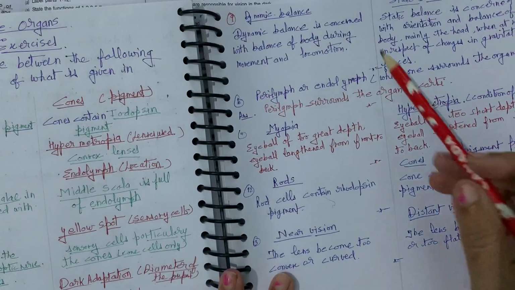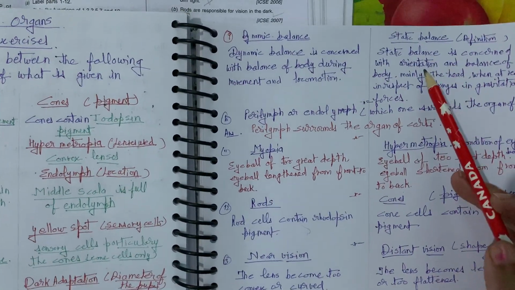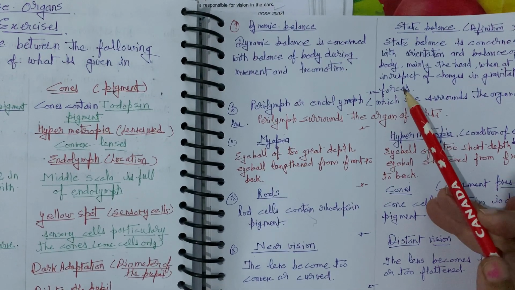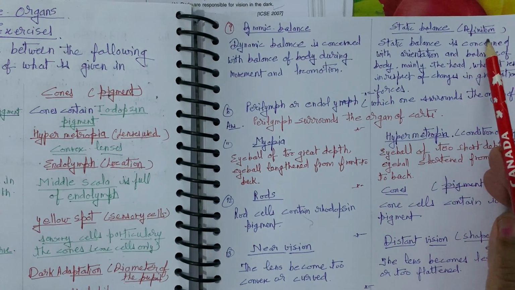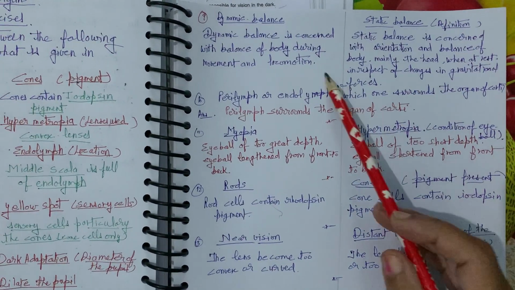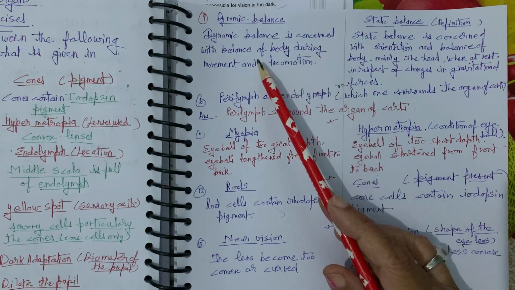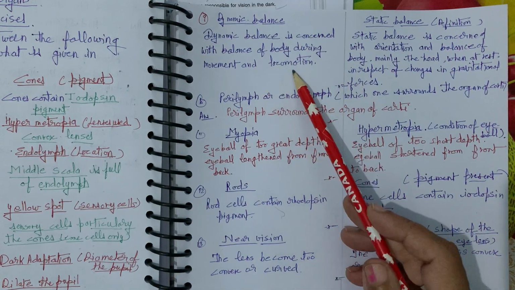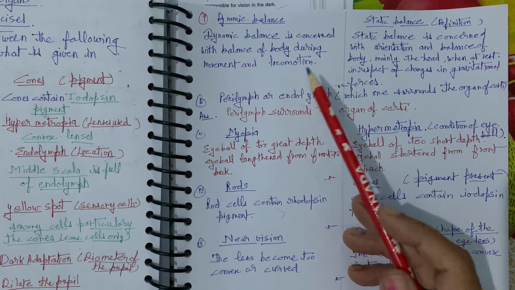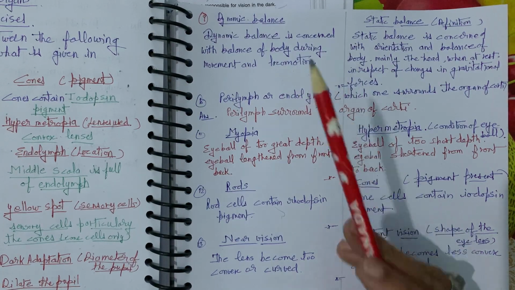Now the next one: dynamic balance and static balance, definition. Dynamic balance is concerned with the balance of the body during movement and locomotion, and it is caused by the semicircular canals.